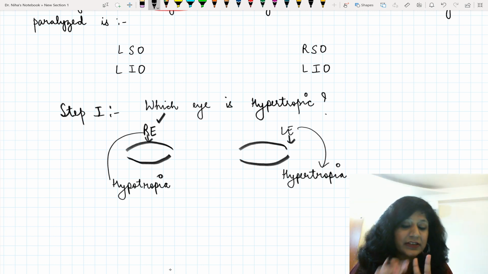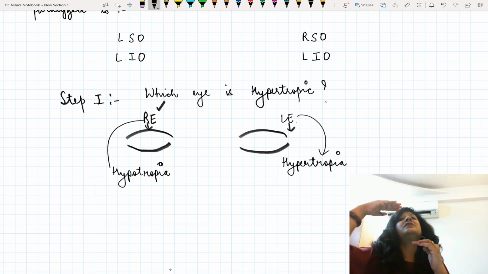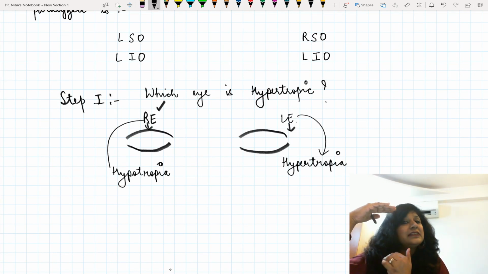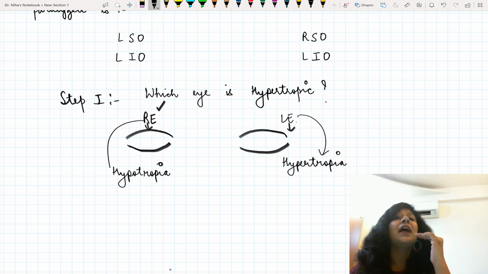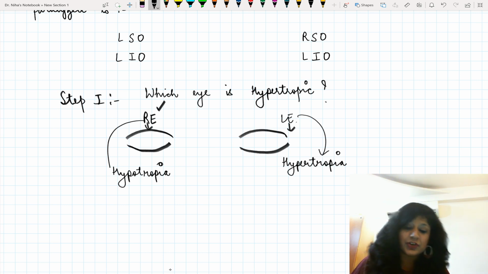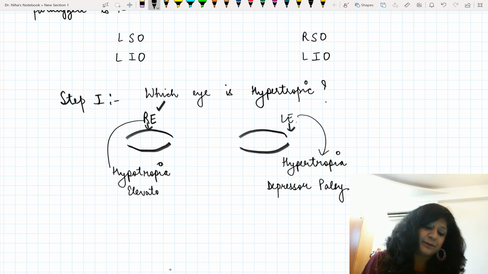When I am saying the left eye hypertropia, this has gone up, so the depressors have paralyzed. Or we can say that the right eye has gone into hypotropia, so the elevators are paralyzed. So on this side we can have the depressor palsy, while on this side I can have the elevator palsy.